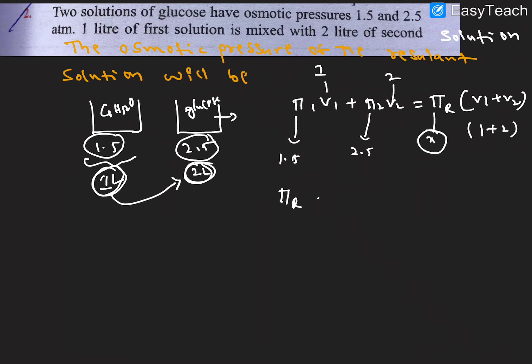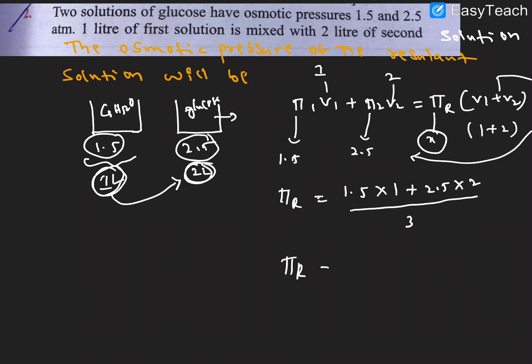So the resultant osmotic pressure is equal to 1.5 into 1 plus 2.5 into 2, divided by 1 plus 2, which is 3. We get 6.5 by 3, so pi resultant equals 2.16 atm.